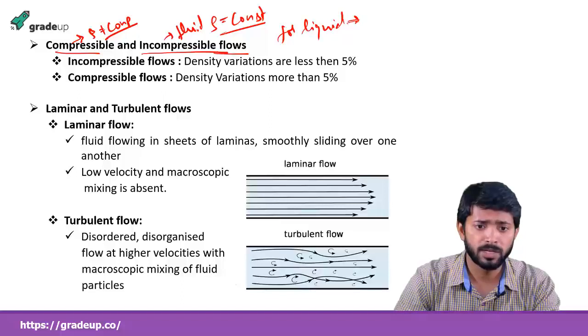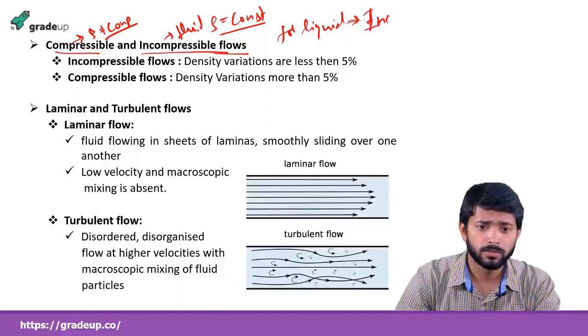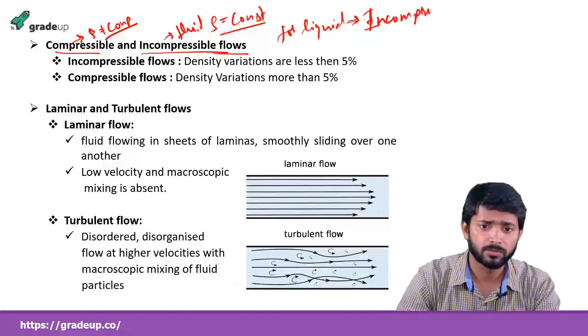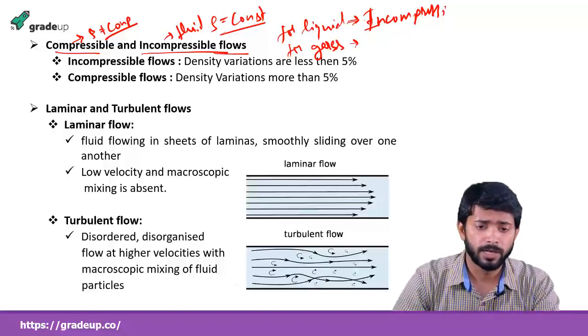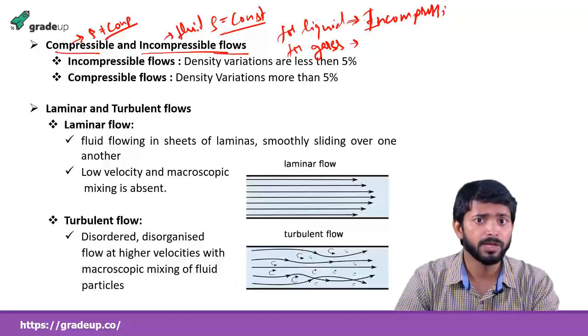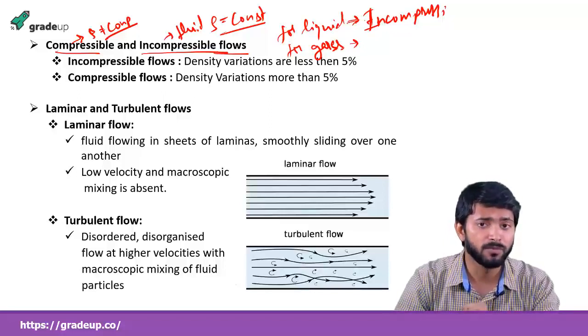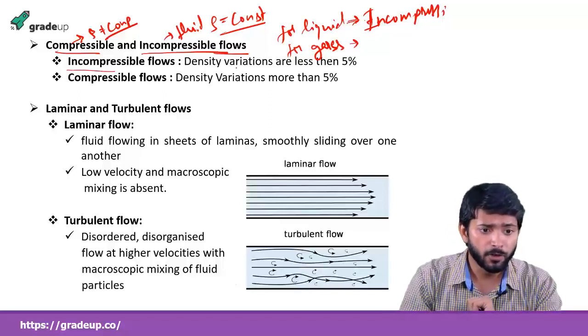which is assumed to be incompressible, the flow will be incompressible in nature. But for gases, because gases are assumed to be compressible, the flow may be compressible or incompressible depending upon the variation of density.